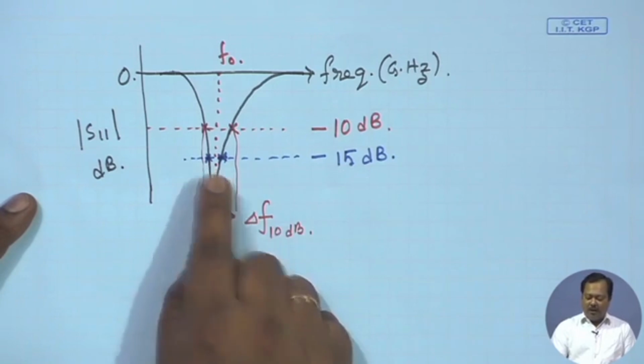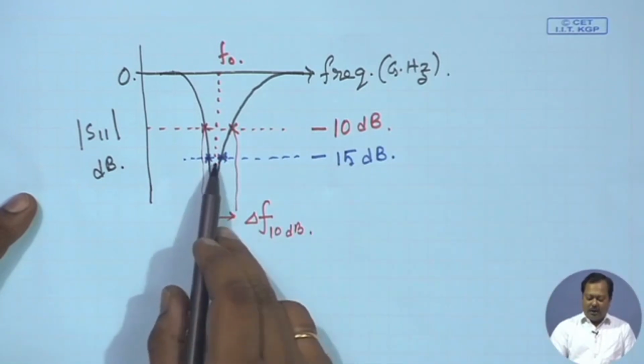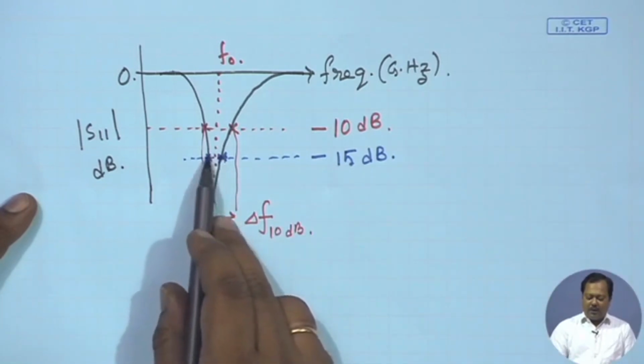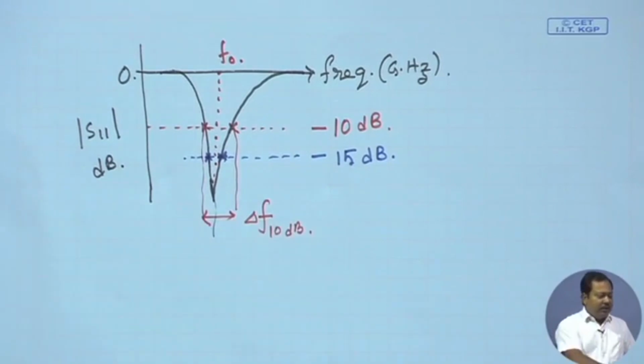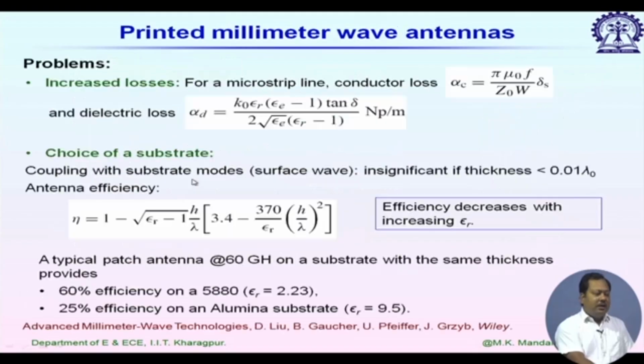So, over this band, we can say that at least 95% of the power is being accepted by the antenna port. With this definition, now let us see what are the problems we face at millimeter wave frequencies.